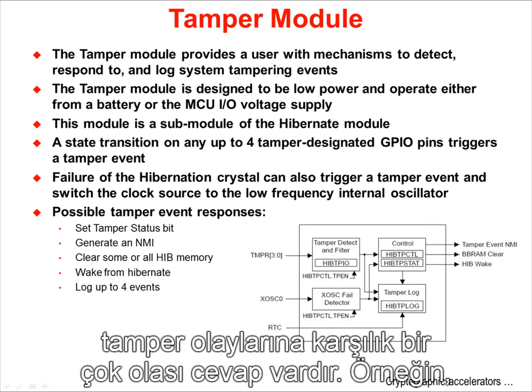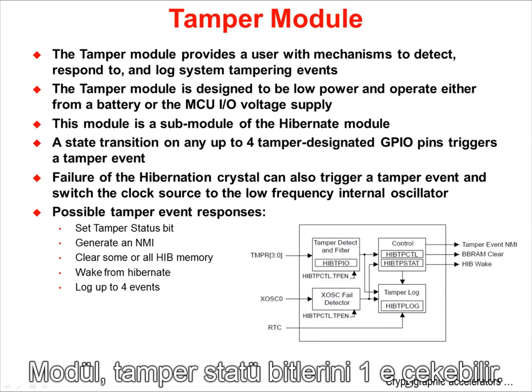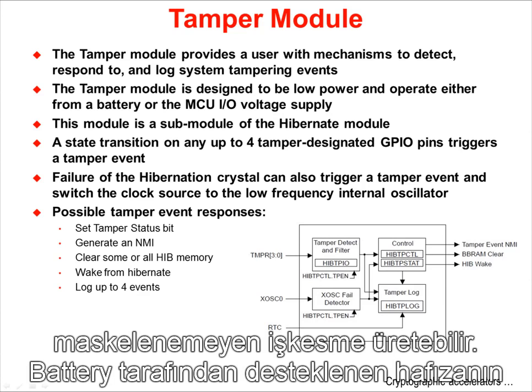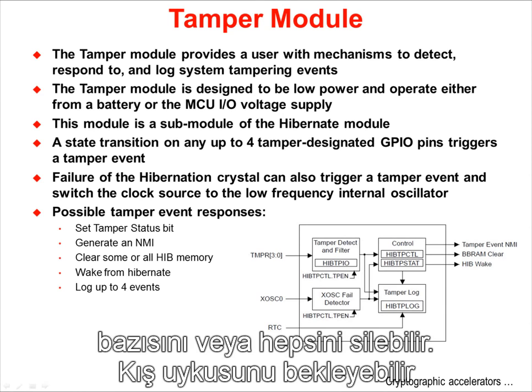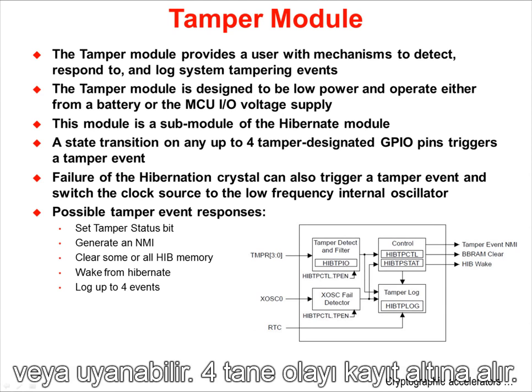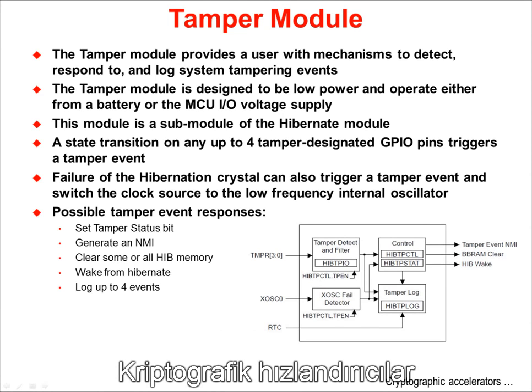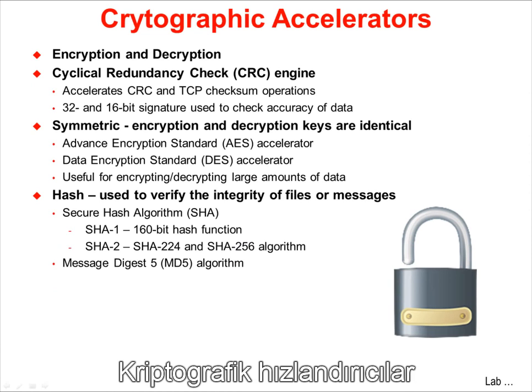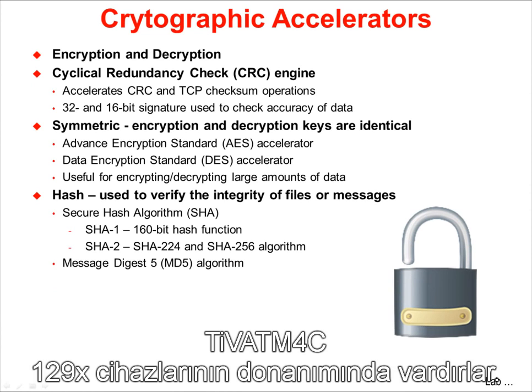There are several possible responses to tamper events. The module can set the tamper status bits, it can generate a non-maskable interrupt, it can clear some or all of the battery-backed memory, it can wake from hibernate, and it can log up to 4 events. Cryptographic accelerators are implemented in hardware in Tiva TM4C129X devices.